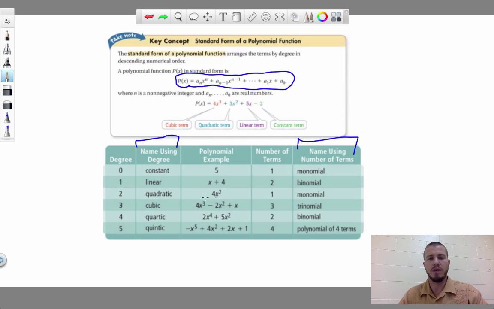This one is 3 terms, so it's a trinomial. This is a quartic, but it's only 2 terms, so it's a binomial. And any after that, we're just saying polynomial of 4 terms, or 4-term polynomial, 5-term polynomial, 6-term polynomial, and so on.